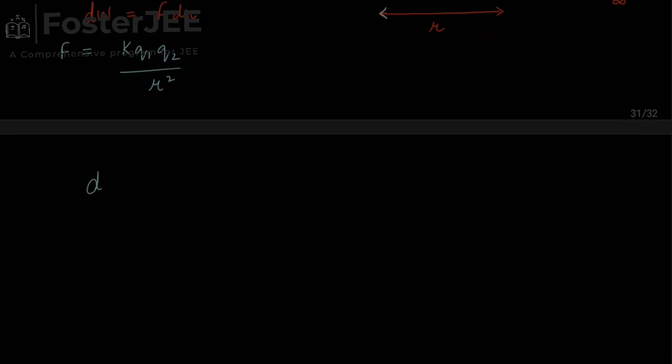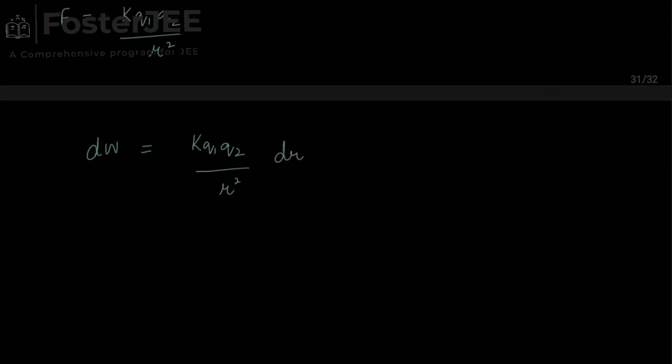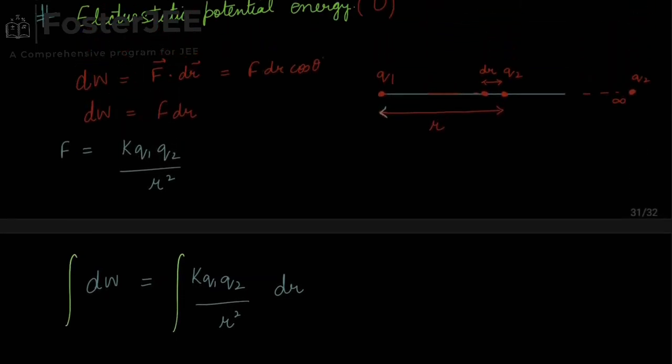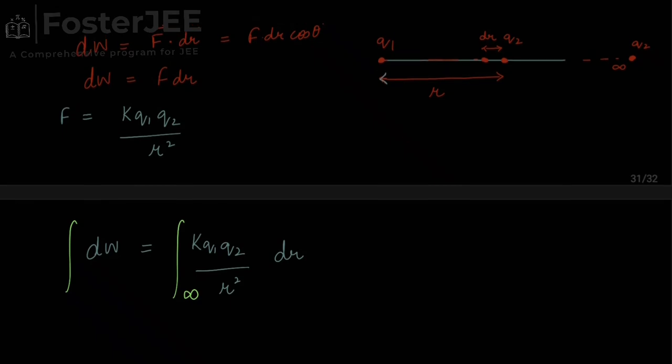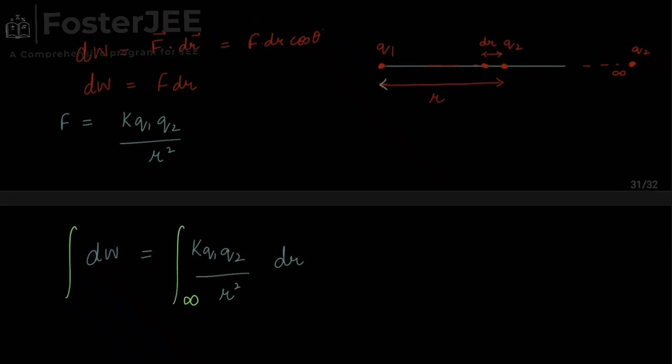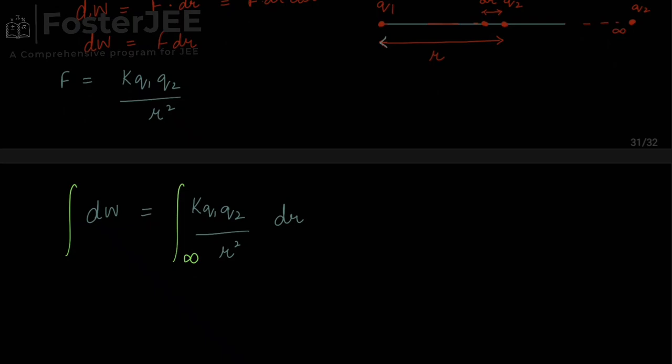Putting this in our equation, this becomes dW equals kq1q2 upon r square dr. Now integrating this equation, when the charge was at infinity, that is r equals infinity, since there was no attraction or interaction between the two charges, at very, very large distances we don't have to perform any work against any forces because there was no force. So the work was 0.